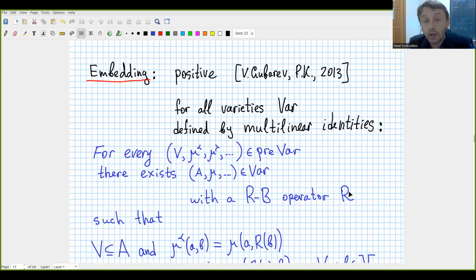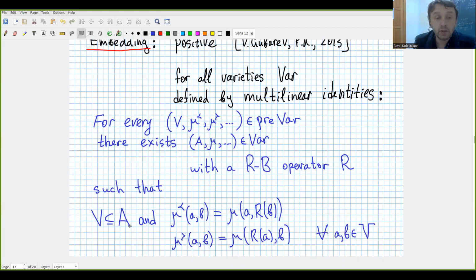For every algebra from the dendriform splitting variety pre-var, there exists an appropriate algebra A from the initial variety var with a Rota-Baxter operator, such that this pre-var algebra embeds injectively into A, so that the operations are given by the splitting rule, by this one.